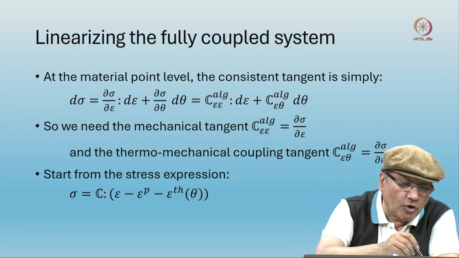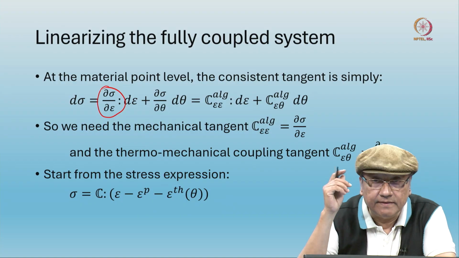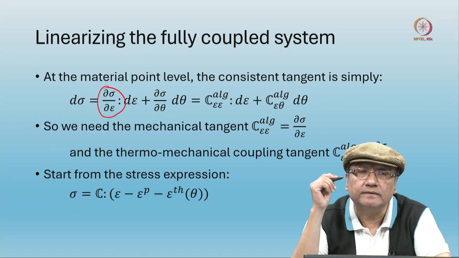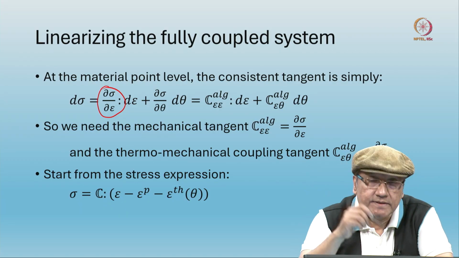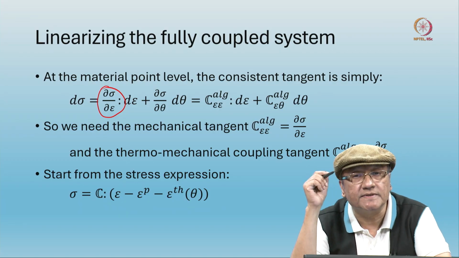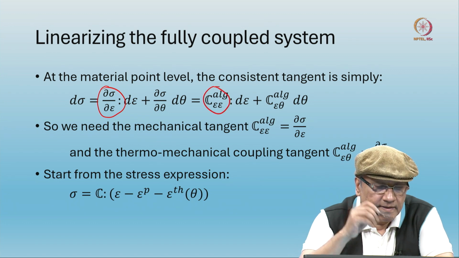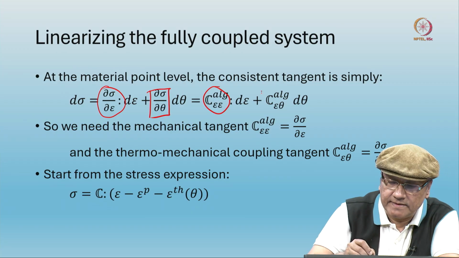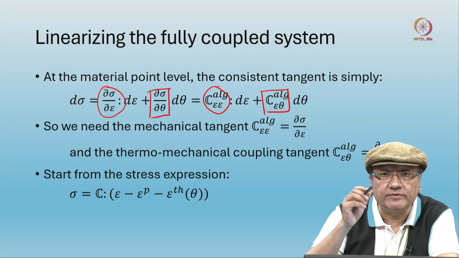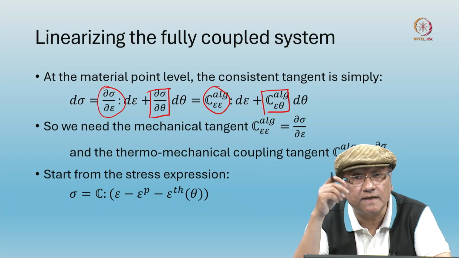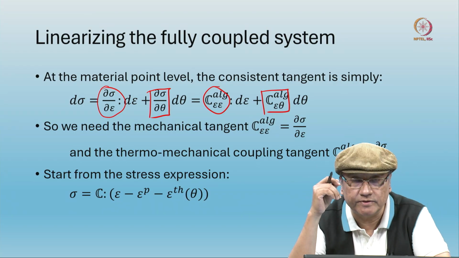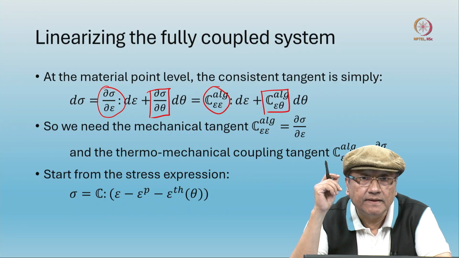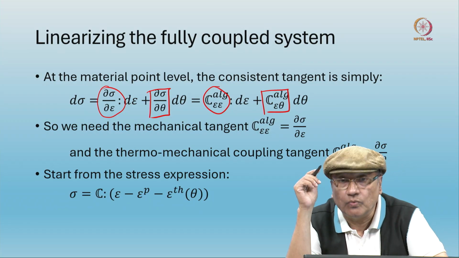Now, if you call this the purely mechanical part of the algorithmic material tangent, C epsilon epsilon alg, and if you call the other part, del sigma by del theta, the algorithmic part of the material tangent which accounts for the coupling between temperature and deformation, C epsilon theta alg, then we need to determine these two quantities.